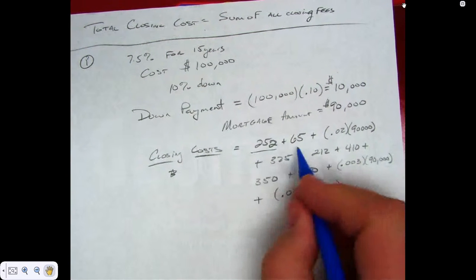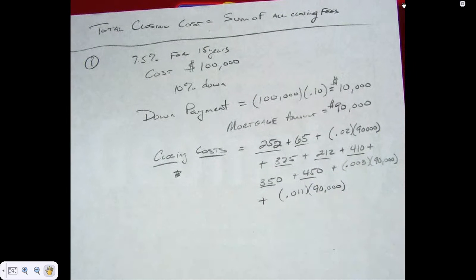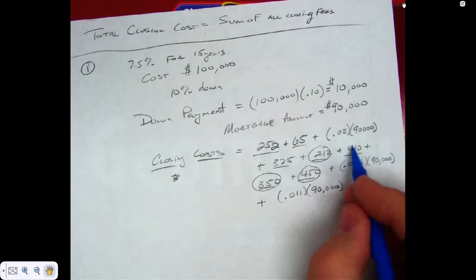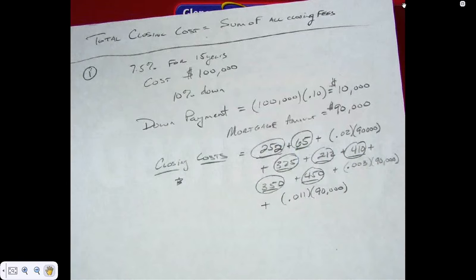How about we add up all the numbers we have right now in the calculator? You guys do that for me. See all these ones I underlined? What do those all add to? In fact, I'll circle them. Get your calculator out and tell me what all those add to.